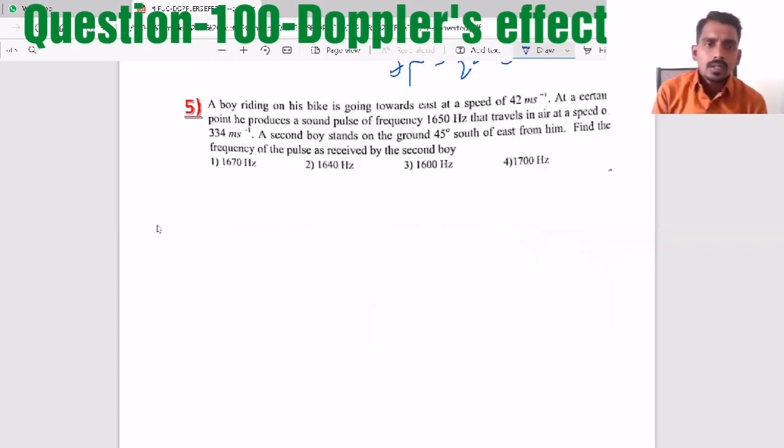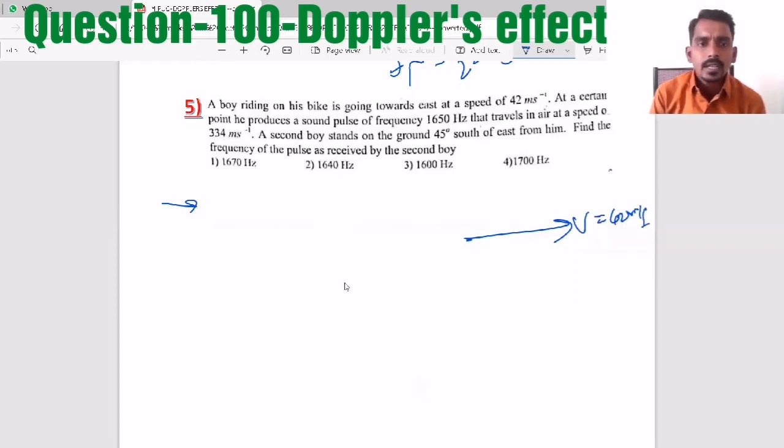Now, one last and final question. A boy riding on his bike is going towards east with a speed of 42 meters per second. At a certain point, he produces a sound pulse of frequency 1650 Hertz that travels in air at a speed of 334 meters per second.